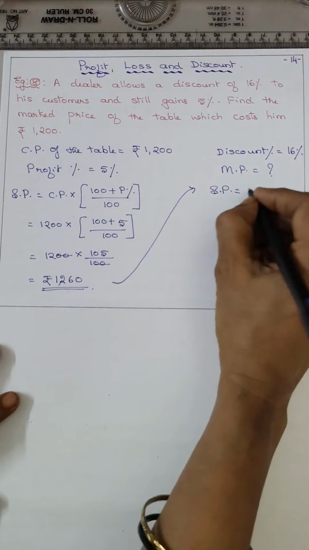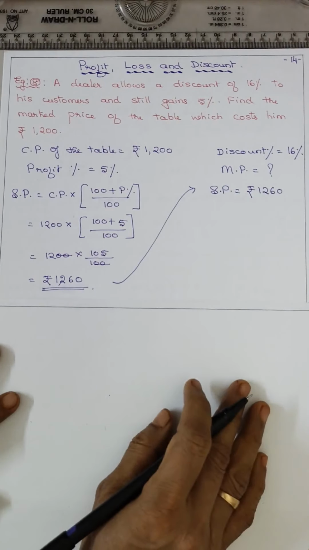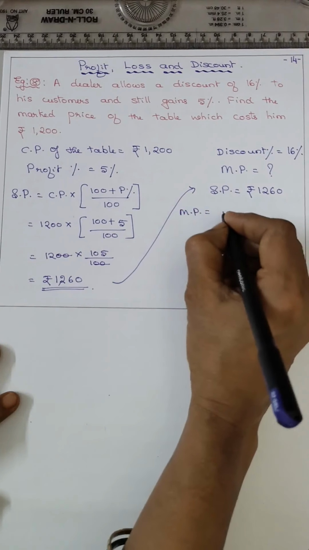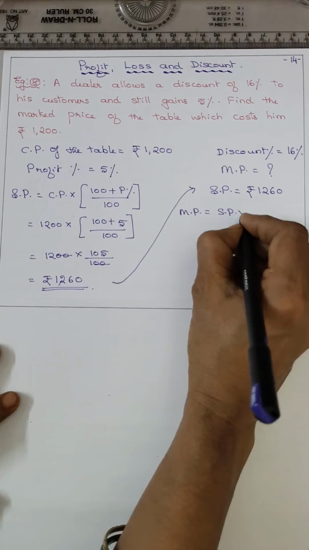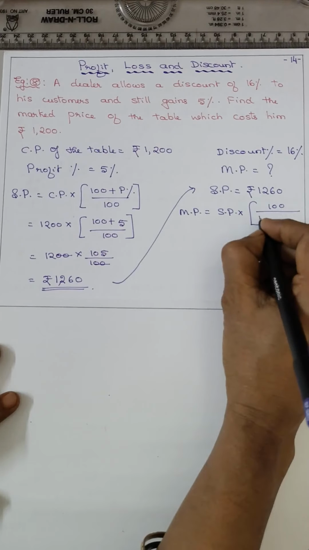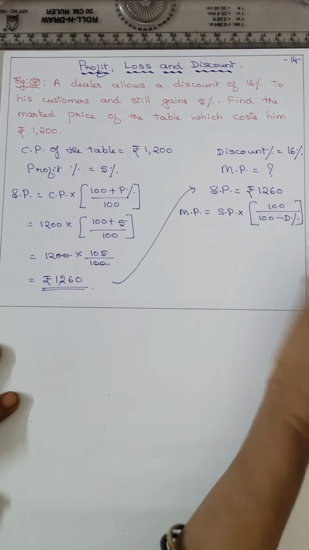Now take this SP to the other side. How much you got? 1260. Now use the formula for MP. MP is equal to SP into 100 upon 100 minus discount percent.